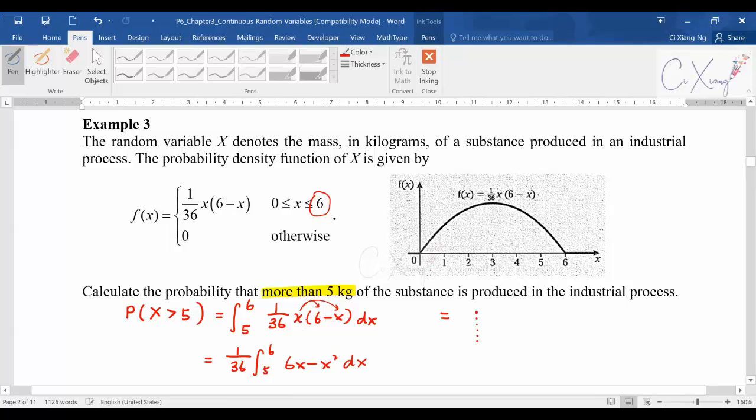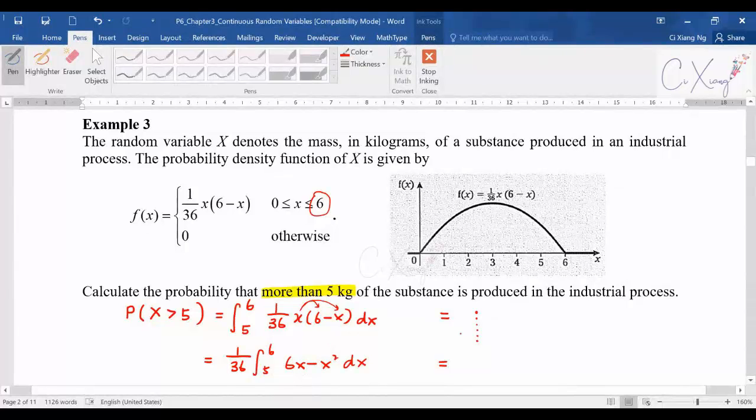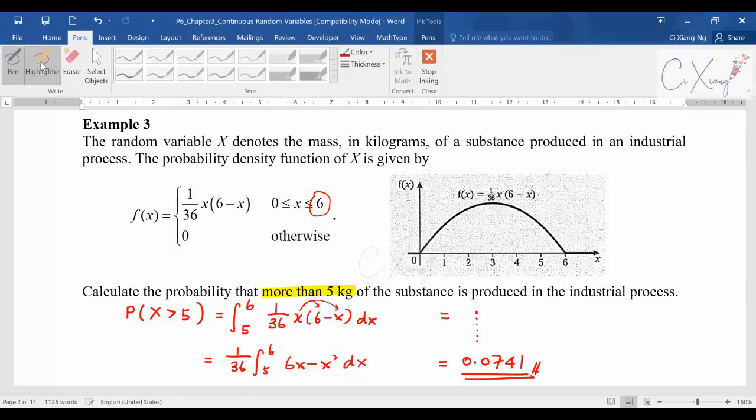Because this is a product, x multiplied with something, in our rules for integration you cannot straight away integrate like that. You have to expand it into 2 terms, then you can integrate term by term. If you didn't make any careless mistake, you should get 0.0741. This question is very simple, it just needs you to apply the integration rules.